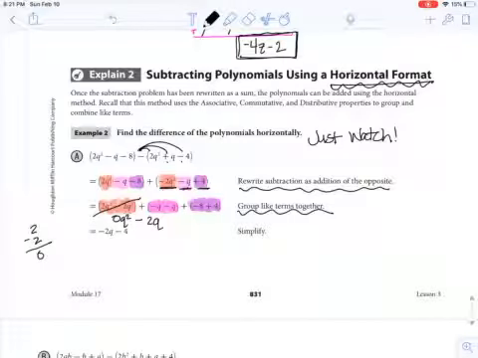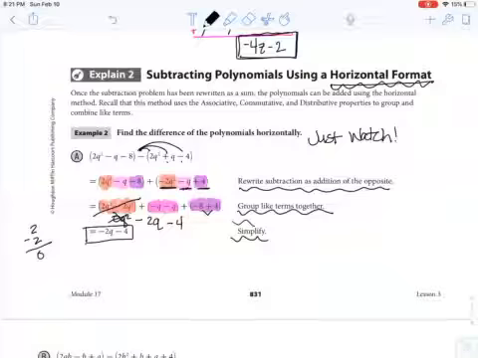Plus negative 8 plus 4. And a negative 8 plus 4 is going to give me a negative 4. Because I don't need to include my 0q squared, I'm going to cancel that out, and I'm left with negative 2q minus 4. So that was just how we simplify finding the difference of these polynomials given.